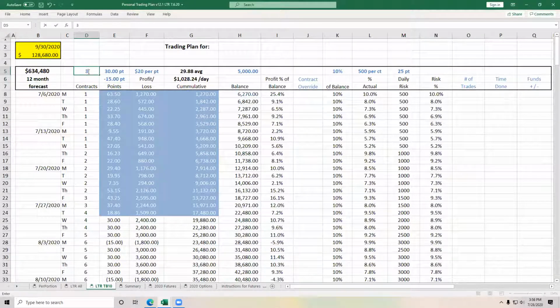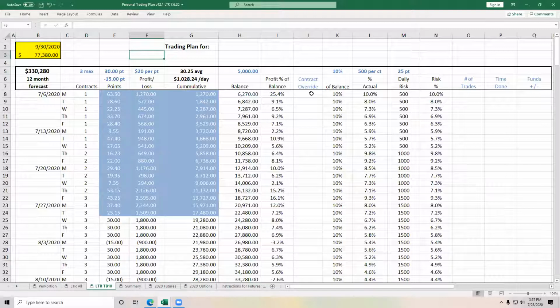So the adaptive entry system in combination with the trading plan is a huge, huge stride for individual traders to be able to not only trade successfully, but then plan what they desire their income to be over the course of a 12-month period.